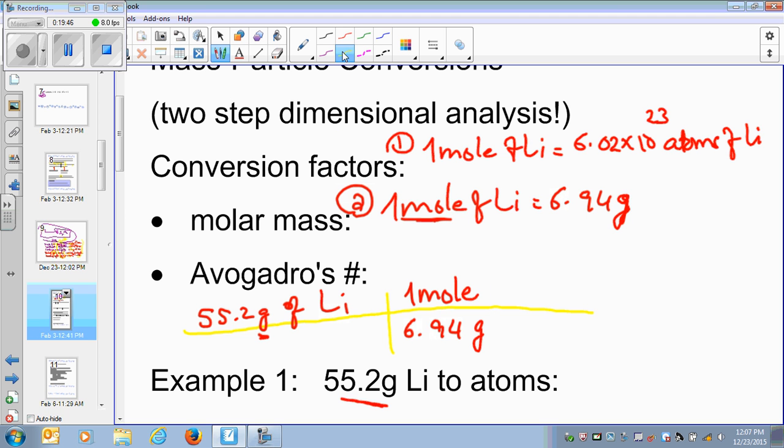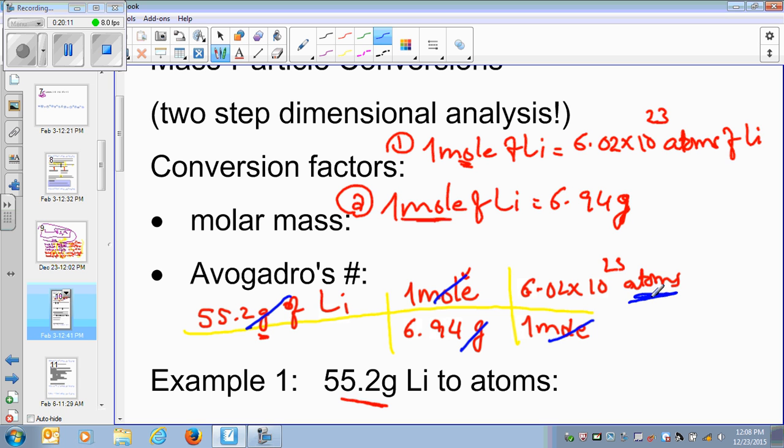And then now I need to use the other conversion factor. Now which part matches the other conversion factor? I have mole here, so mole matches it. So 1 mole is equal to 6.02 times 10 to the 23 atoms. Okay. If I can cancel it, my grams get cancelled, my moles get cancelled.